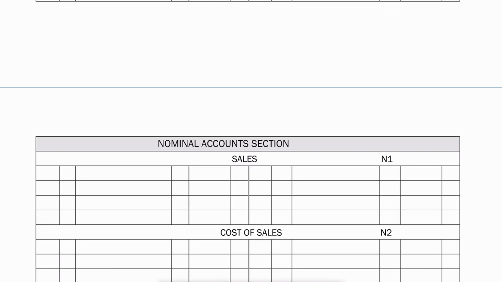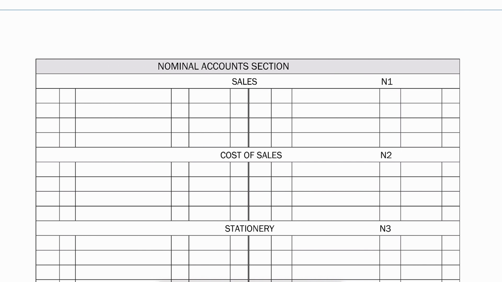We then get to our nominal account section, where we have totals instead of balances. And here we look at our incomes and our expenses. Alright, so here sales is an income which increases on the credit side.